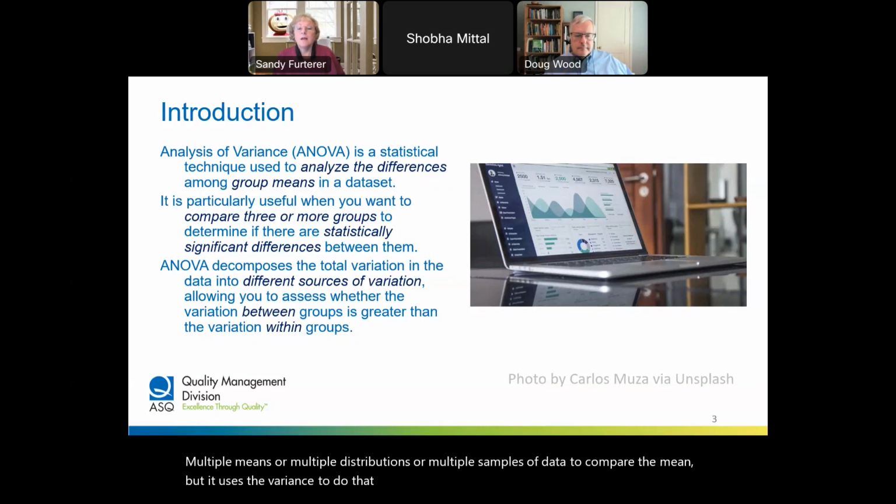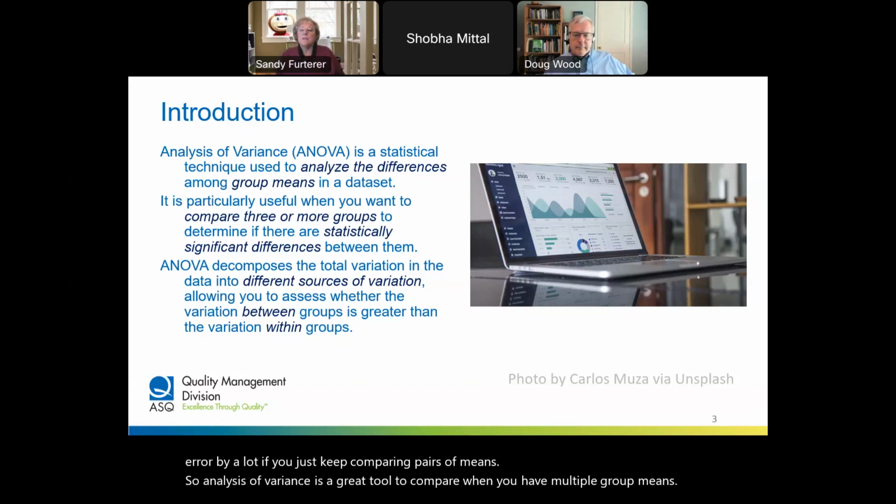So we'll look at how that ends up happening. But when you get more than two distributions or two means, then you're going to increase your type 1 error by a lot if you just keep comparing pairs of means. So analysis of variance is a great tool to compare when you have multiple group means.